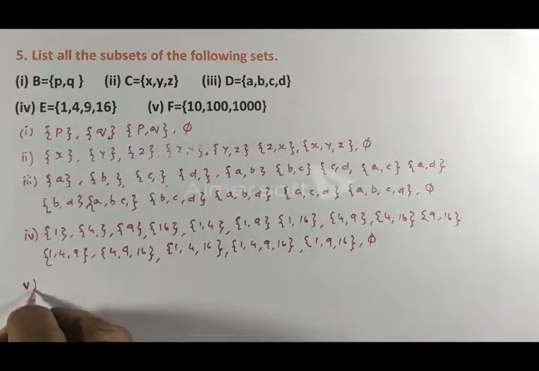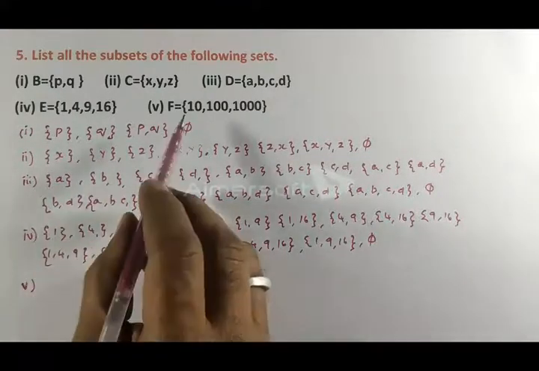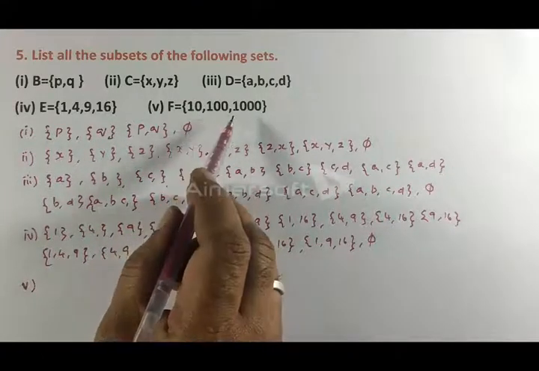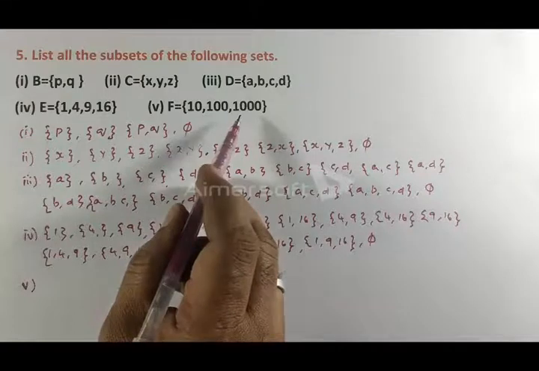Fifth one, F is equal to {10, 100, 1000}.